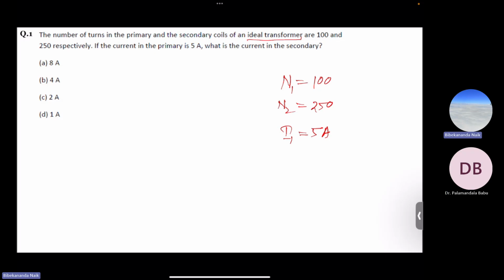Depending upon the magnetic field produced, the secondary coil is affected, there will be an induced EMF, and that induced EMF will again cause a current in the secondary coil. So we want to find out that current. I'll give you a few minutes to solve this question and find the correct answer, and then we will discuss.